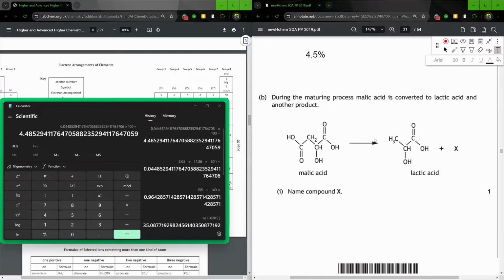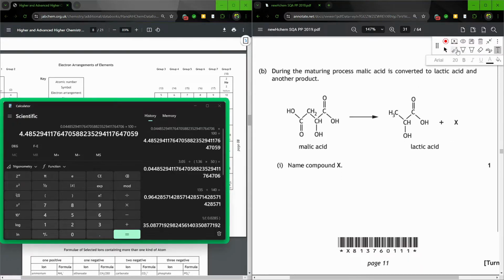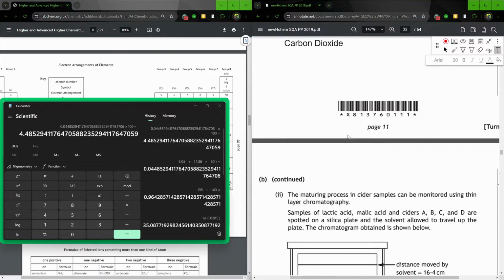And what I'm seeing right now is, well, we're missing a carbon, missing oxygen, missing another oxygen, but that hydrogen there is accounted for here. So that means X is going to be carbon dioxide, because there's 2 oxygens and a carbon. A lot of the time you'll find carbon dioxide crops up quite a bit, especially when you're dealing with alcohols. So it's one of those chemical names you can just throw in there. If you don't know something, put carbon dioxide or put water. It's probably one of those two, to be honest.